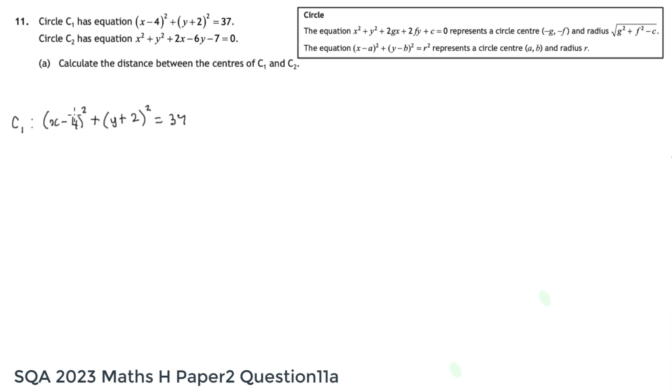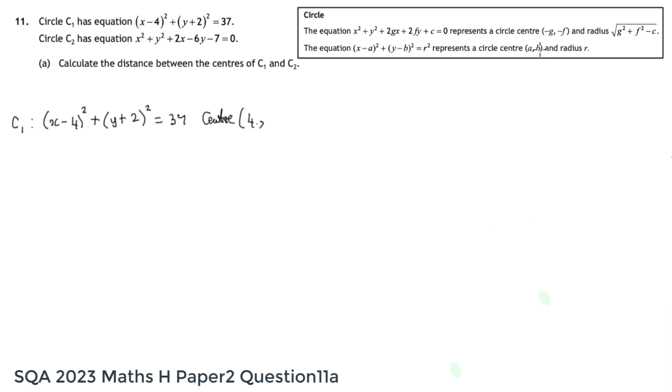So that constant is negative 4, we change its sign. So the centre of this circle would have an x-coordinate of positive 4. X term squared, go to the constant, change the sign. That gives you your x-coordinate of the centre.